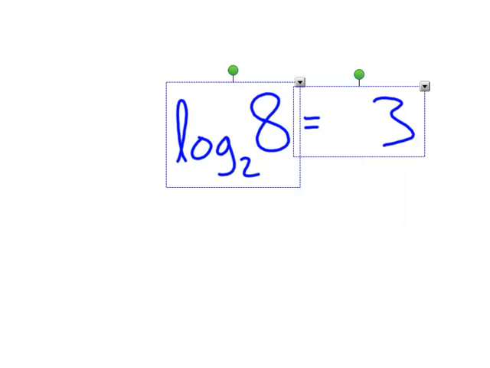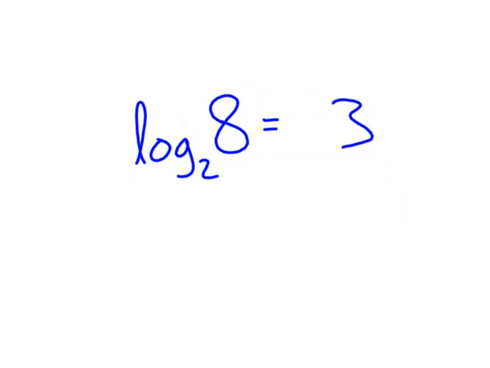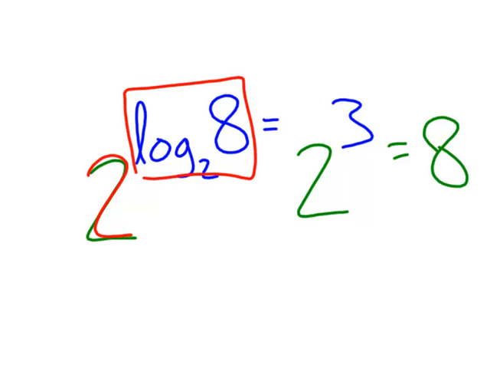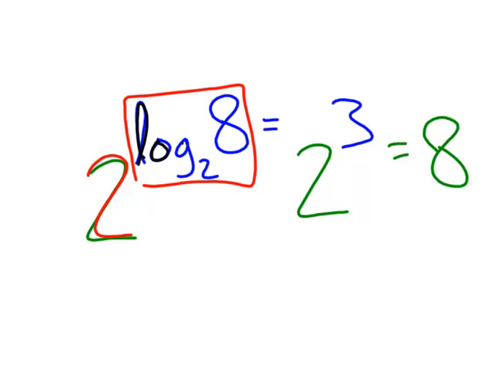Okay, so if I now take this logarithm and make it an exponent of a base 2, then the result is, of course, 8. 2 to the third power gives us 8. So notice that over on the left here, we have an exponential function with base 2. We have 2 raised to the something power. And plugged into that, we have a logarithmic function with base 2.